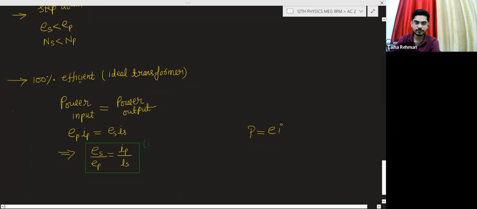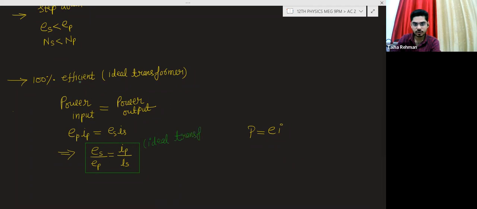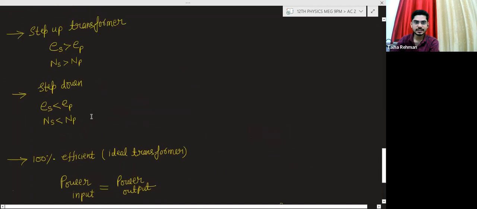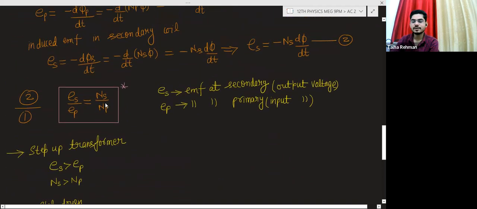This formula is valid for ideal transformer. And this other formula is valid all the time.